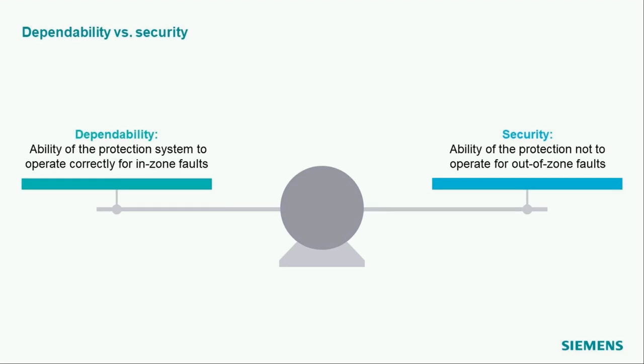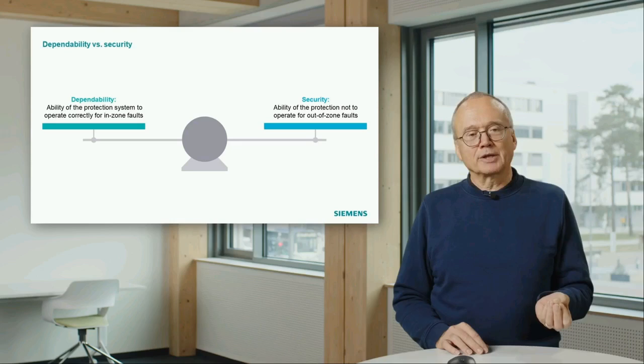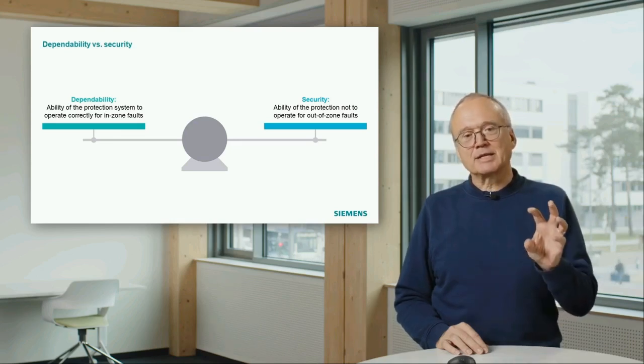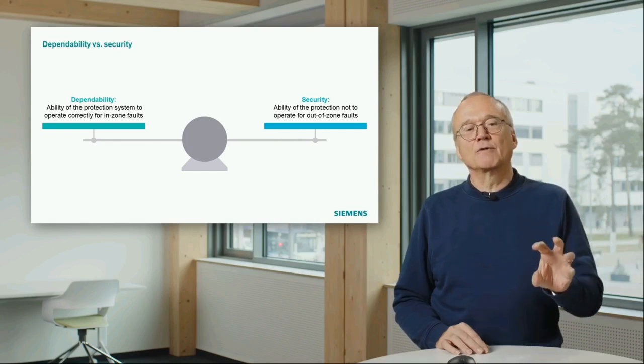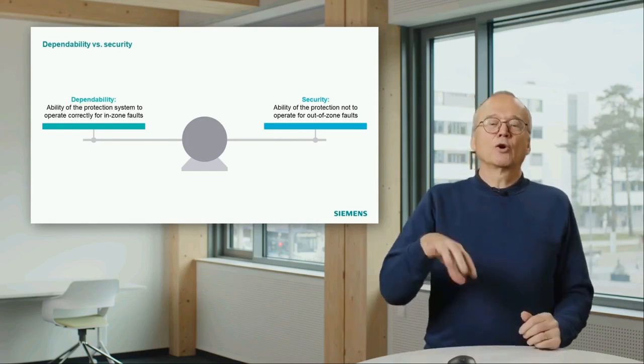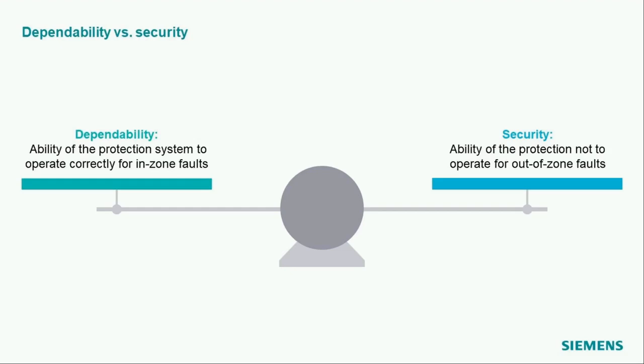Dependability addresses, can we depend on the relay that it will trip if there is a fault in the zone? That means the dependability addresses the risk of a missing trip. On the other hand, the security addresses the risk of an unwanted operation.